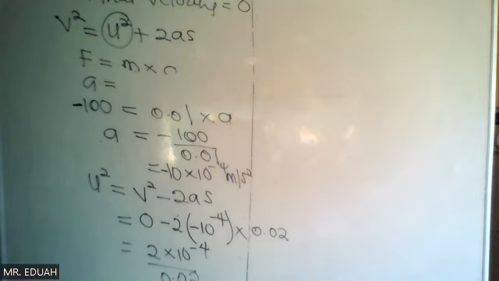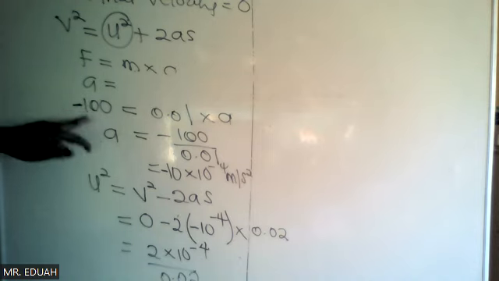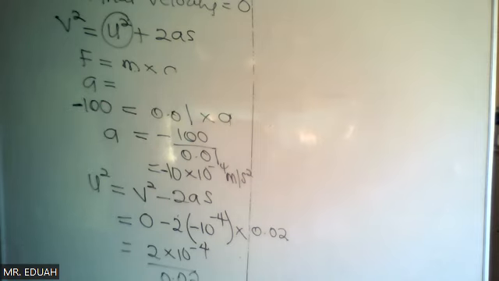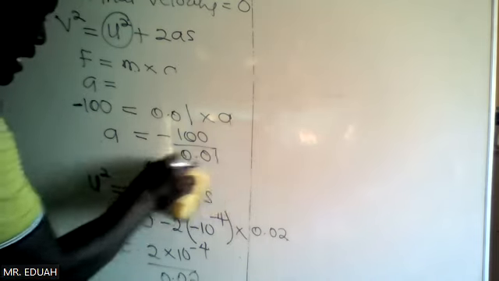Please calculate it for me. Or please divide 100 by 0.01. Let me see what that will give you rather. 100 divided by 0.01. 10,000. Oh, okay. If it's 10,000, then I think we made a mistake here.